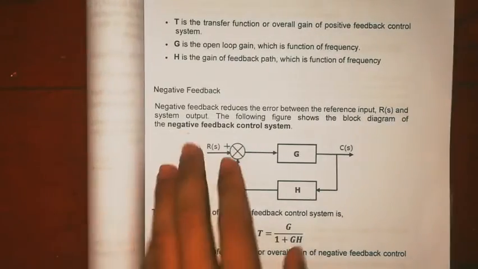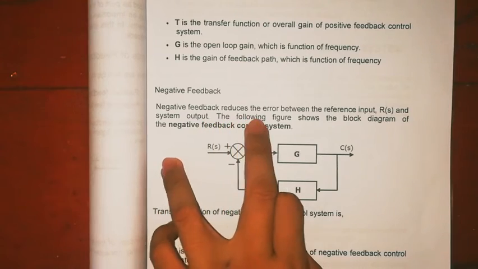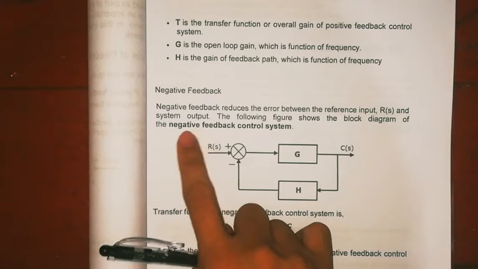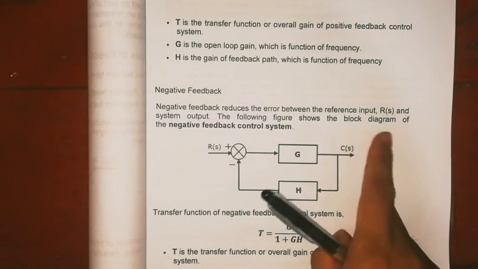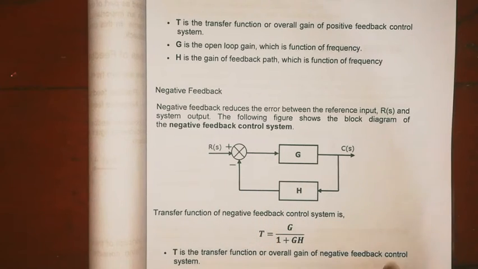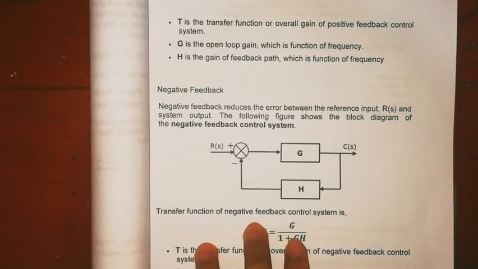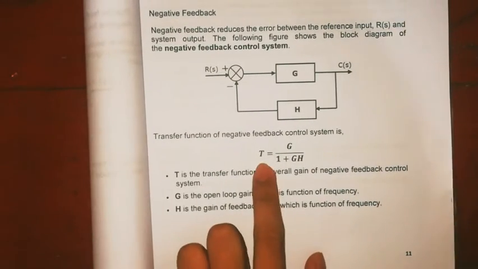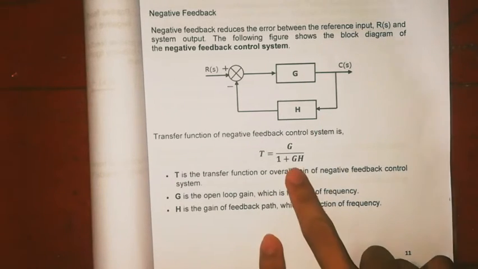So for negative feedback, it reduces the error between the reference input and the system output. The following figure shows the block diagram of negative feedback control system. So the transfer function of negative feedback control system is T is equals to G over 1 plus GH.